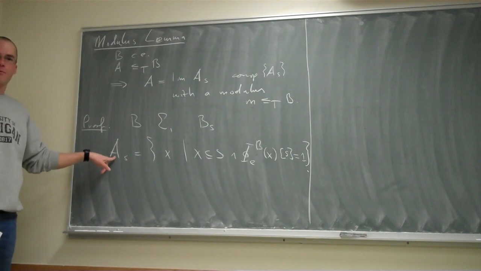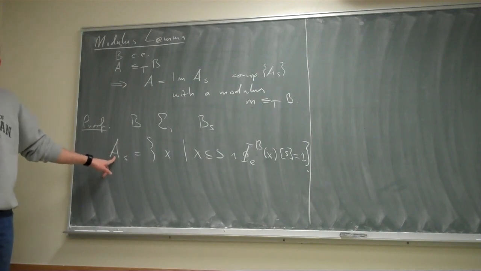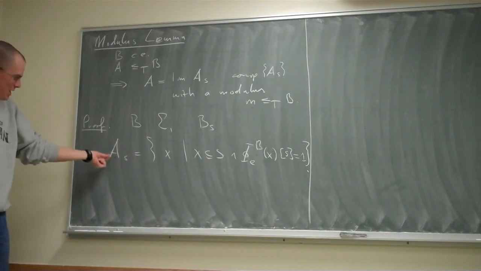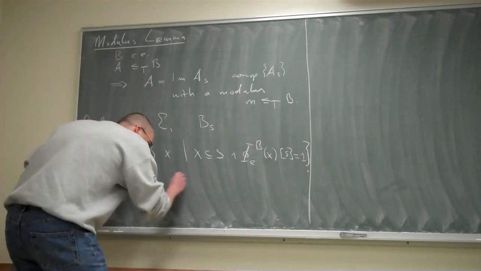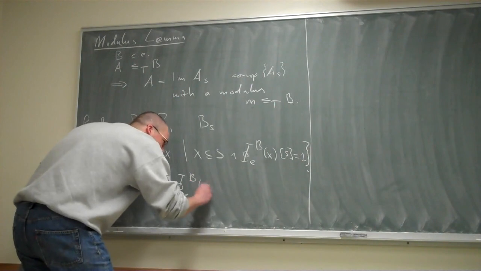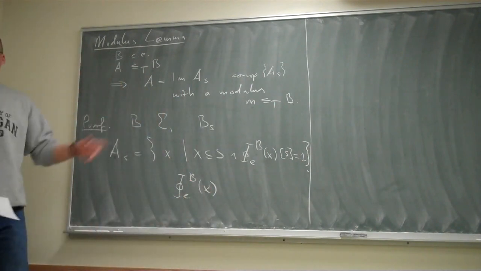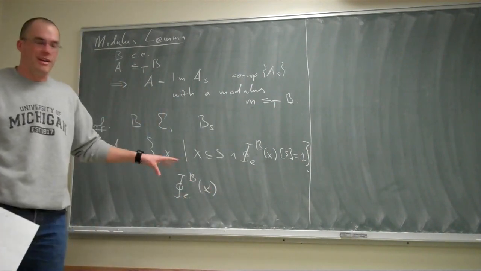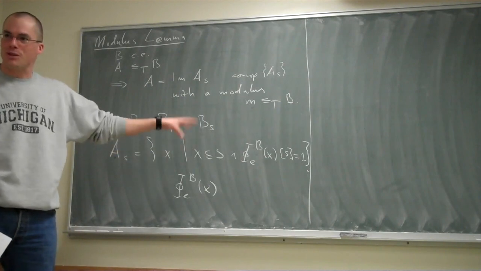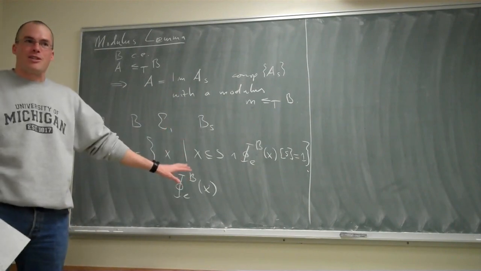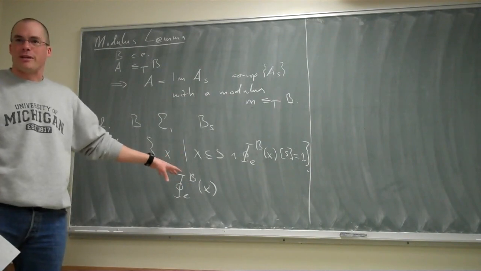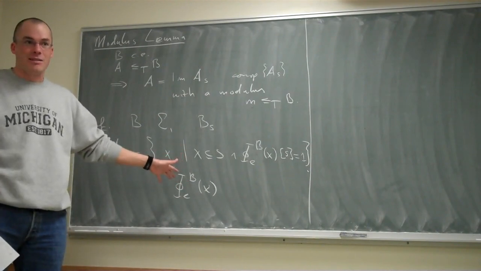So now we need to figure out, well, when is this point? Well, we know that for this particular x, if I look at phi_e^B of x, this is either 0 or 1, and this halts and computes it correctly. Because it halts, there are only finitely many oracle queries that it asks.